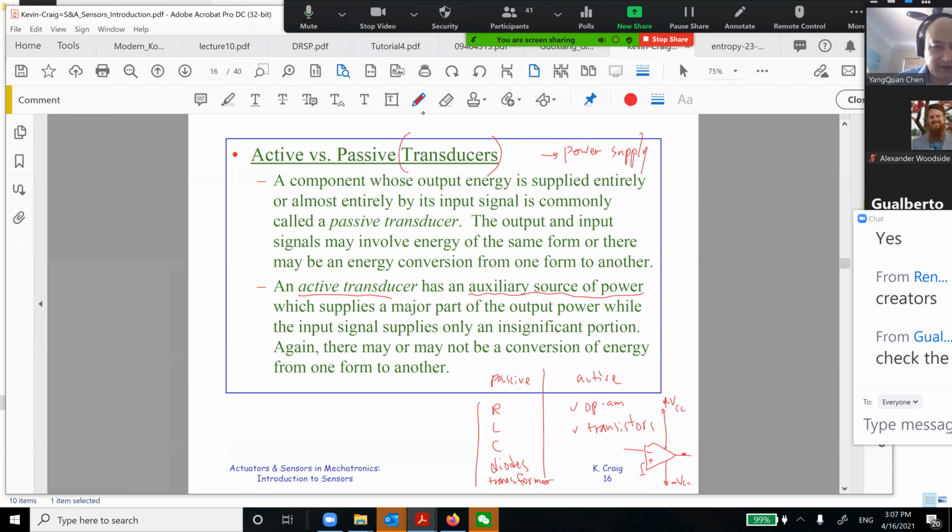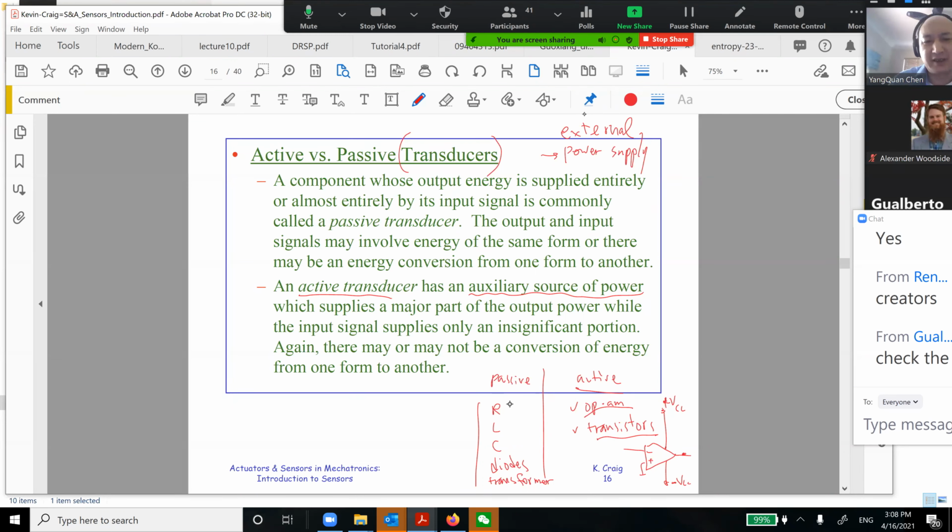So two general classes: one is active, another is passive. In the simple case, passive means I don't need an external power supply. But active means you need a power supply, like op-amps and transistors, okay? Op-amps and transistors are active sensors.